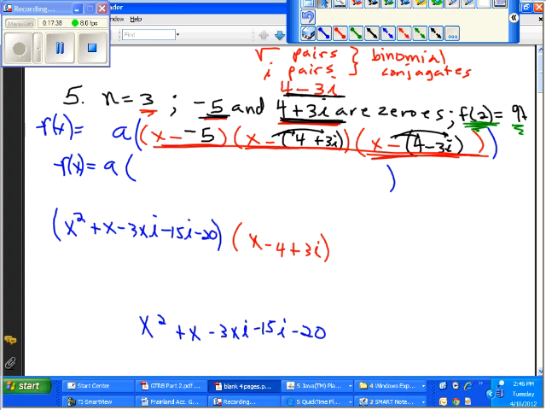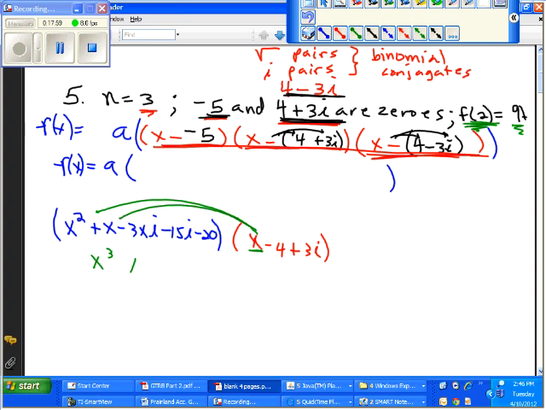And now we've got to distribute all of that. Now, it might be easier to distribute this way, right? The x through all of that. And so we're going to have x times x squared is x cubed. And then x times x is x squared.